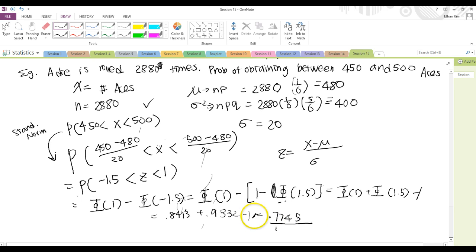But there is a problem with it. Why? Because let's go up and look at the graph.